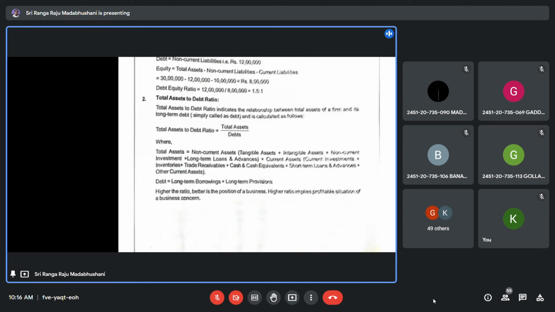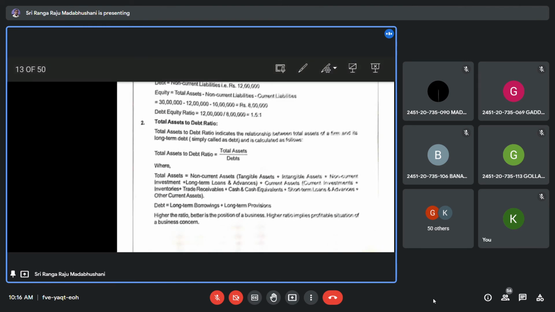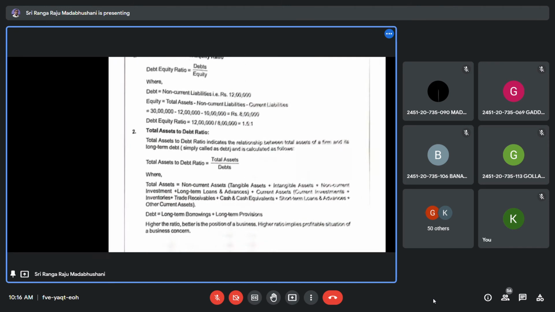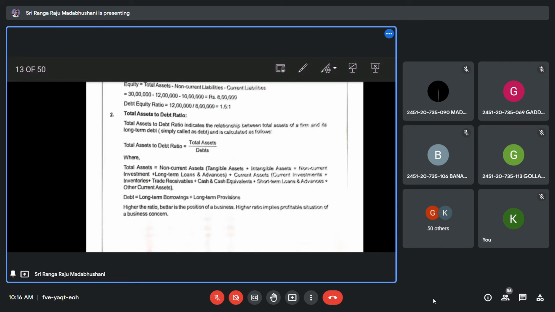So this is about the debt equity ratio. Now, the total assets to debt ratio.